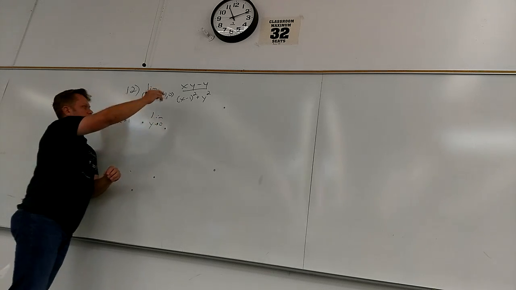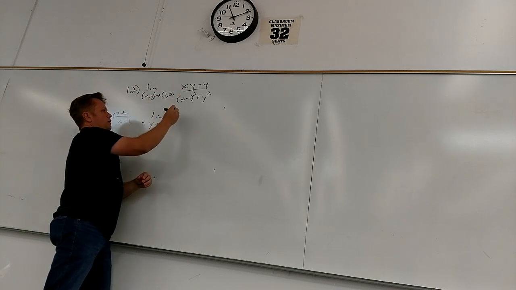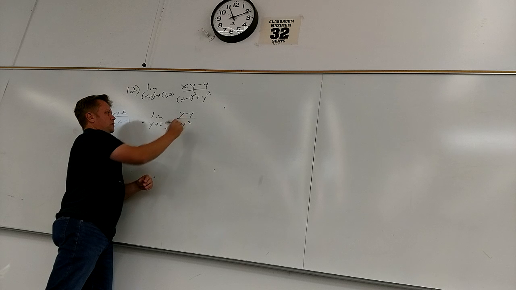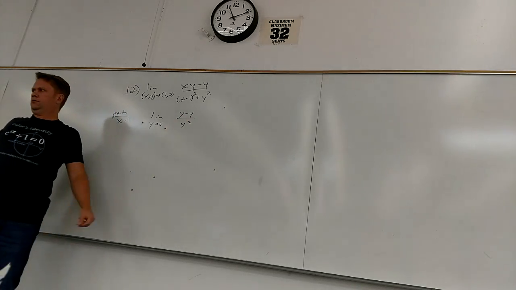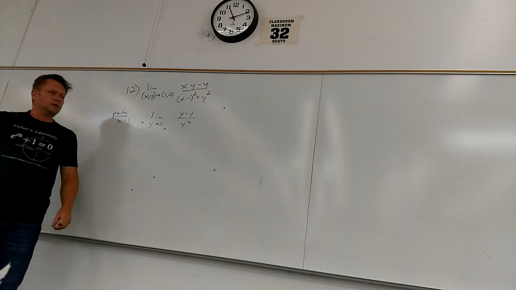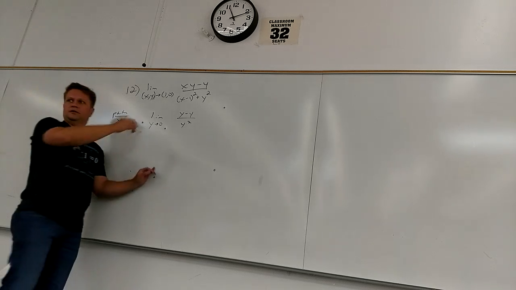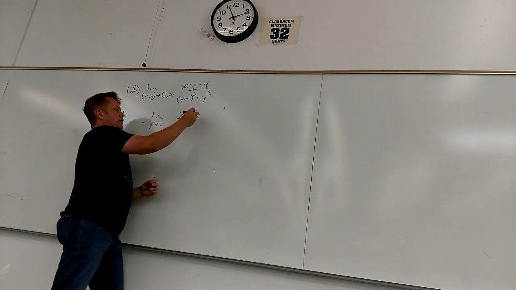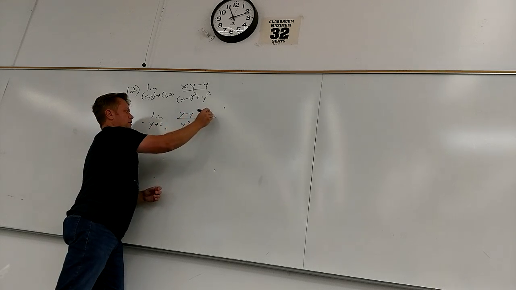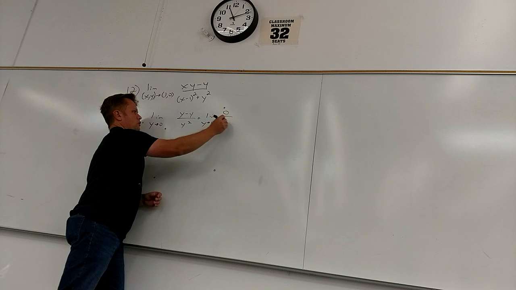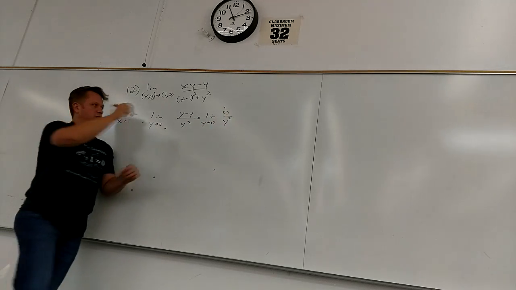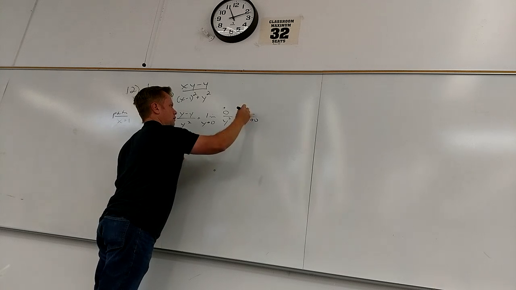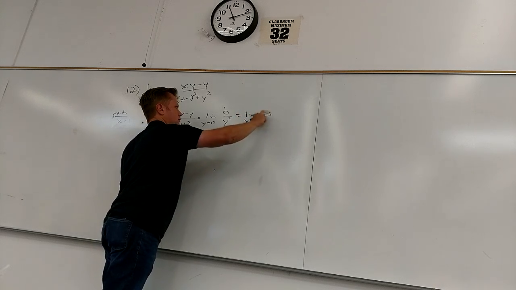Now if x is 1, I get (y minus y) over y squared, which is 0 for y. This is the limit as y goes to 0 of 0 over y squared, which is the limit as y goes to 0 of 0.